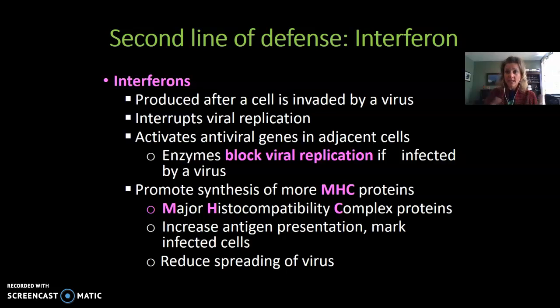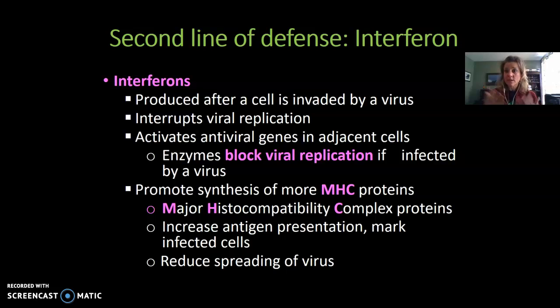If the virus can't replicate, then it cannot spread to other cells that are in the body. Another thing that interferon does is it promotes synthesis of MHC proteins. MHC stands for major histocompatibility complex proteins.